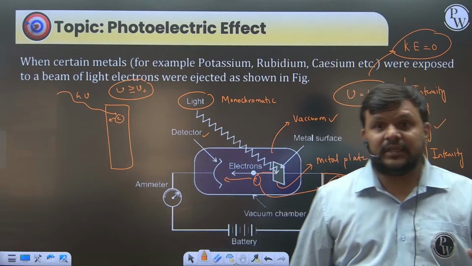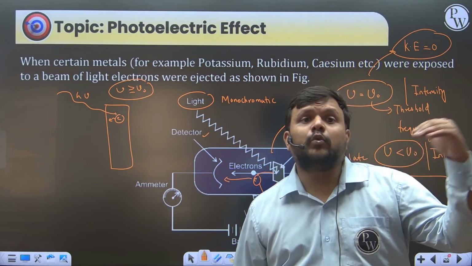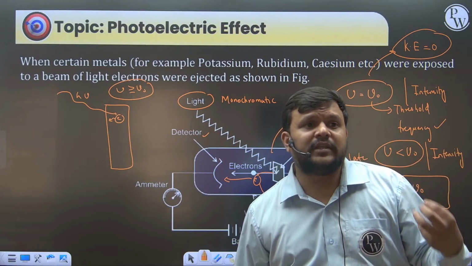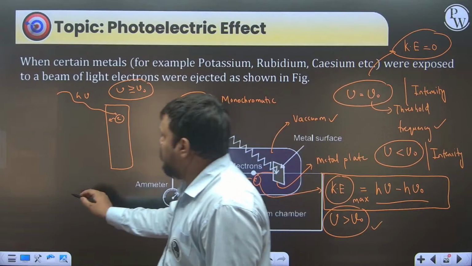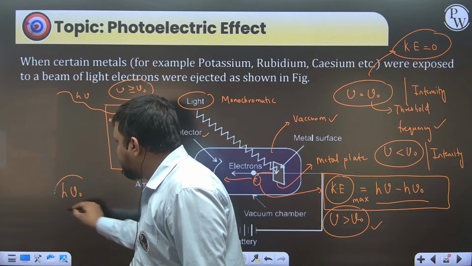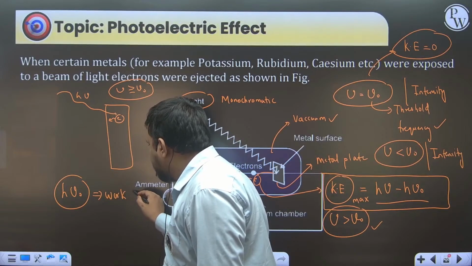In some cases it can happen. So you cannot say that if you are incident with 2000 photons with energy more than h nu naught, this is our work function, which we are calling the work function.